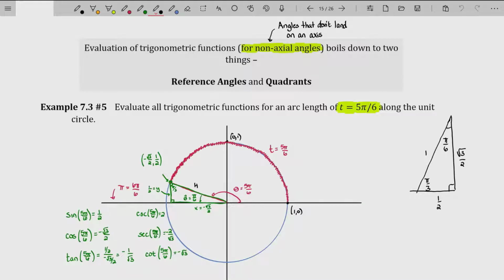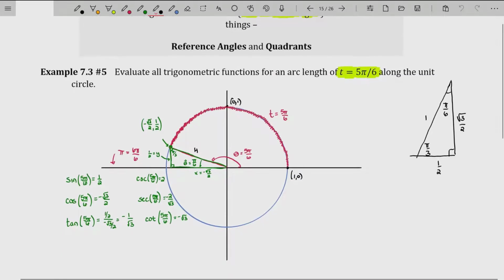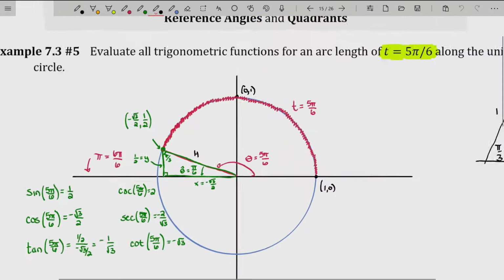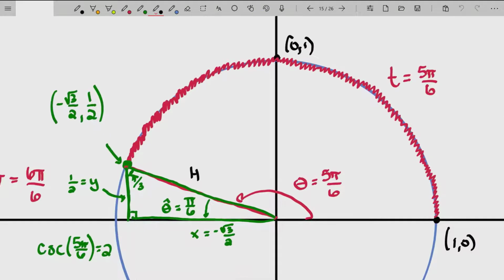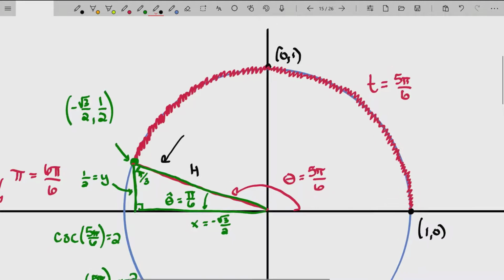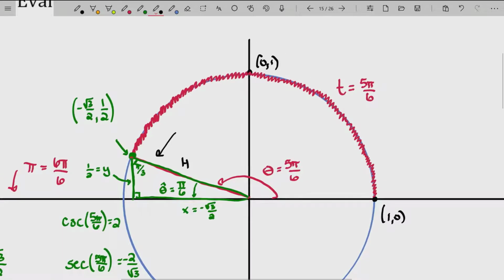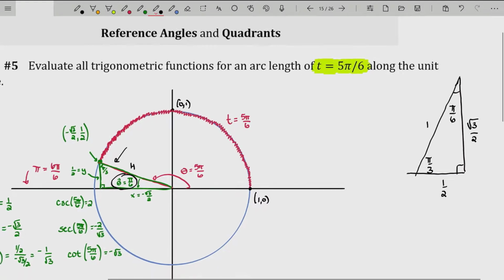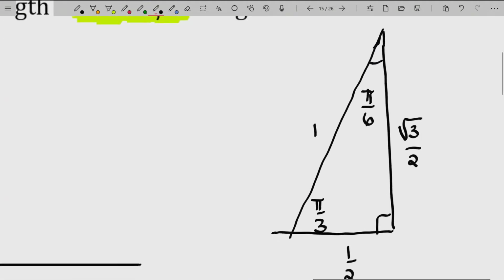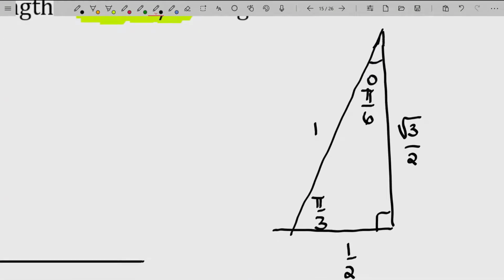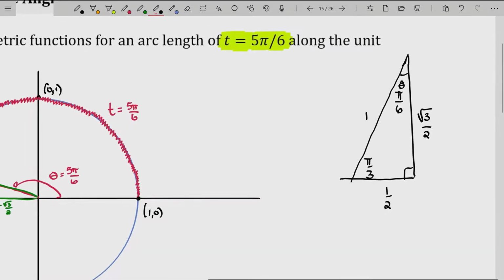So notice, for example, in this example 5 that we did here, instead of drawing the triangle right here, we could have just said, okay, we have 5 pi over 6. Our reference angle is pi over 6. So I could have made that note, and then done what we did over here. We drew out our triangle with the reference angle of pi over 6, and then found the ratios of the sides.